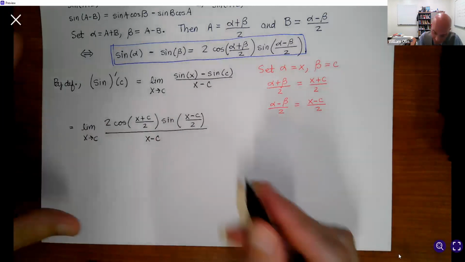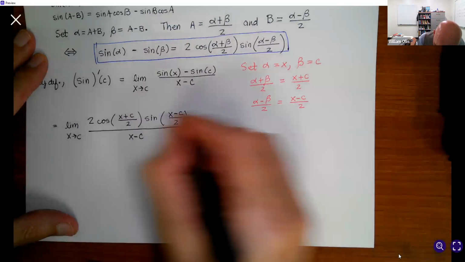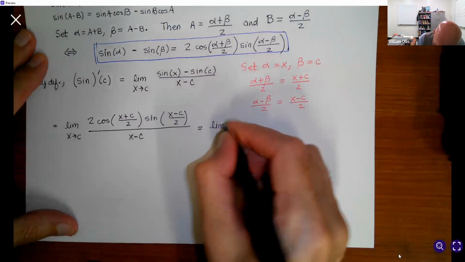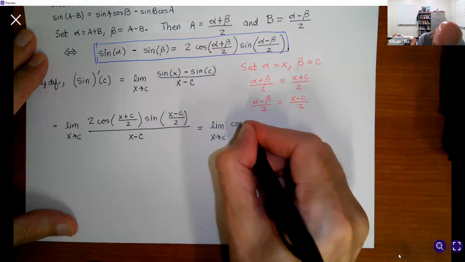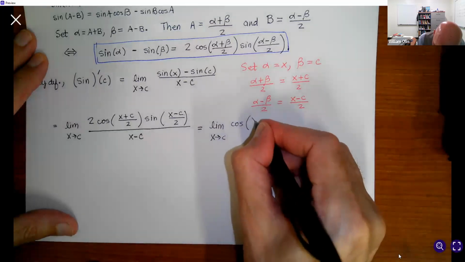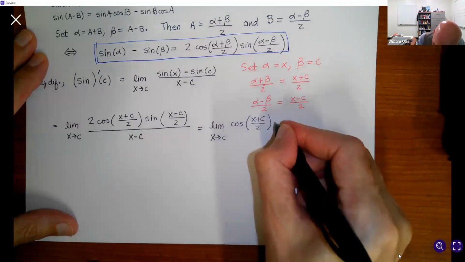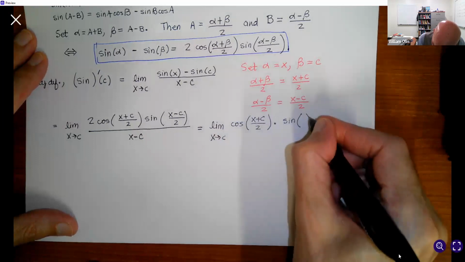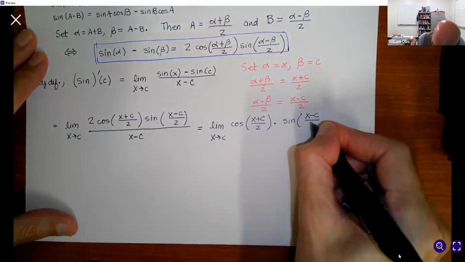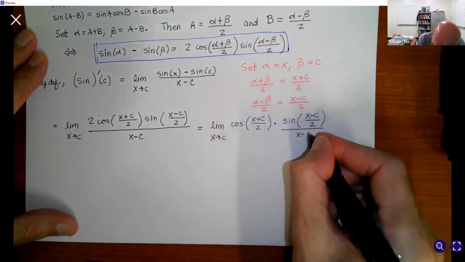So now we'll have the limit as x approaches c of cosine of x plus c over 2, times sine of x minus c over 2 divided by x minus c over 2.